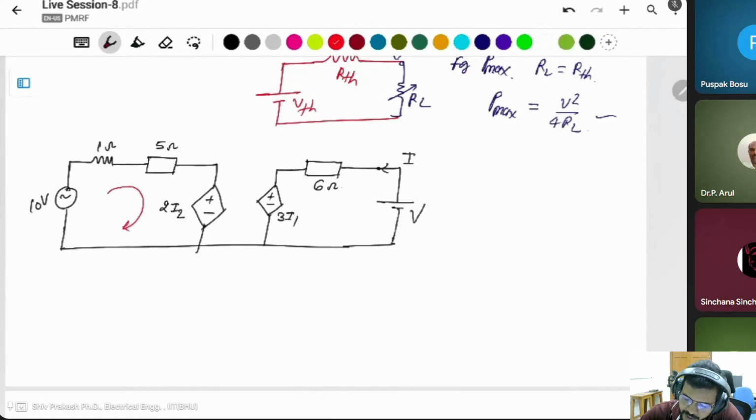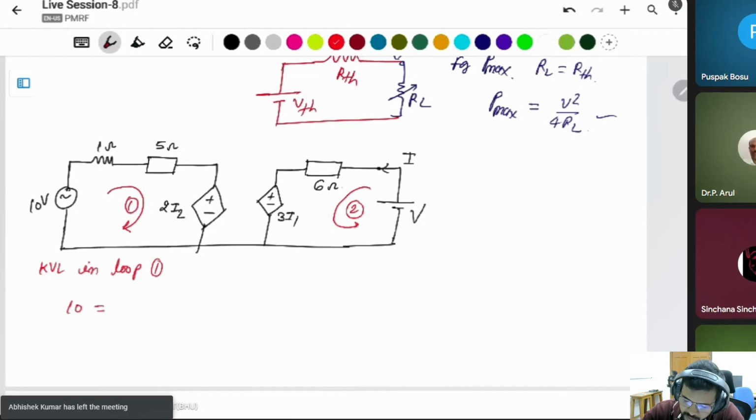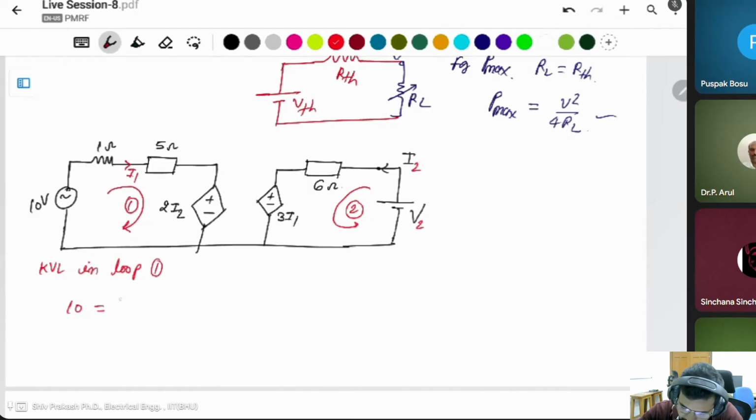Apply KVL in this loop, then apply KVL in this loop. This 10 volt is equal to this current I1, and this current, suppose take as I2, and the same current is flowing through this one also. 1 ohm and 5 ohm: 1 into I1 plus 5 into I1 plus this one 2 I2.